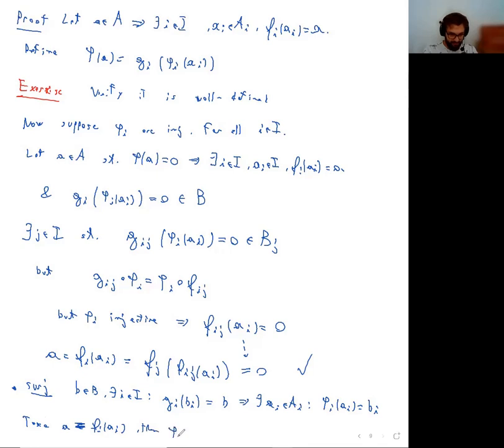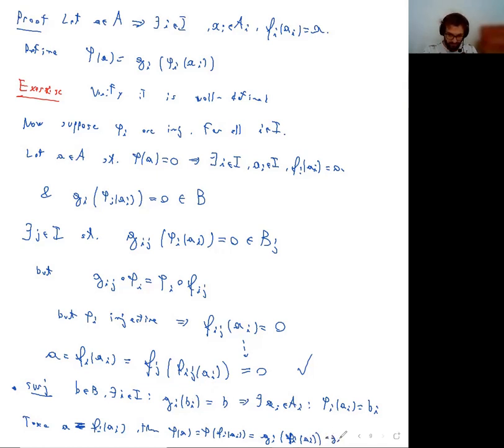And then phi of A is phi of F_i of A_i. But we know that these two have some relationship. This is J_i phi_i of A_i. But phi_i of A_i, we took it such that its image was B_i.